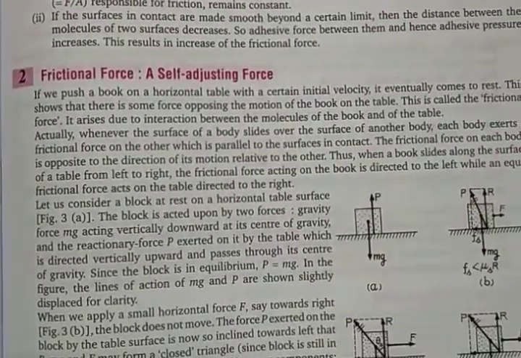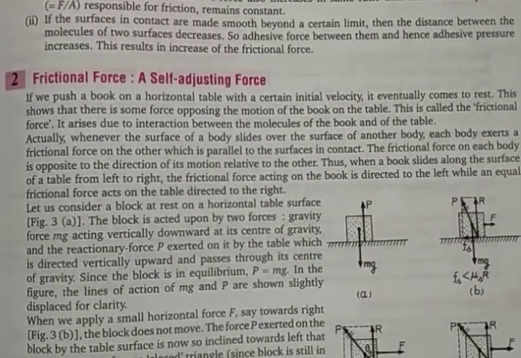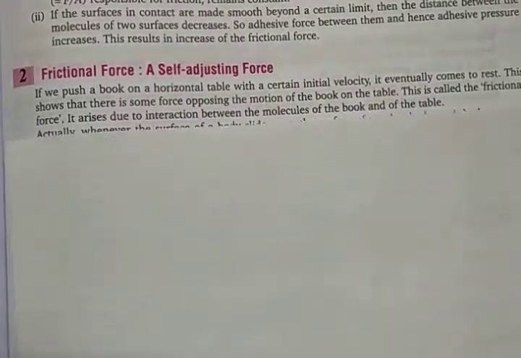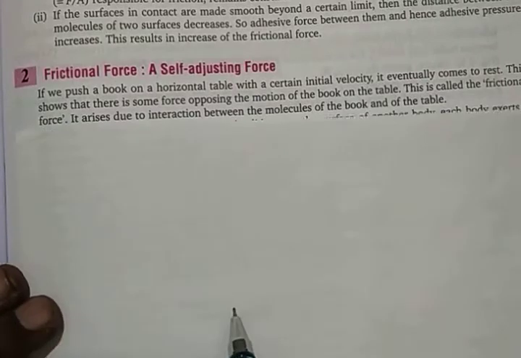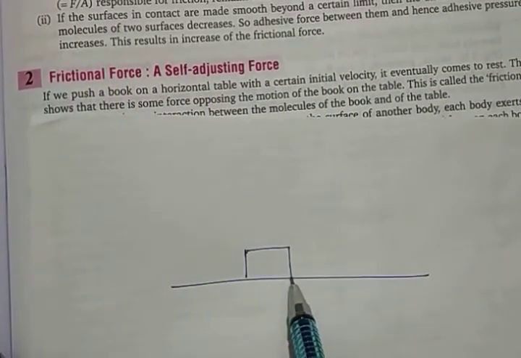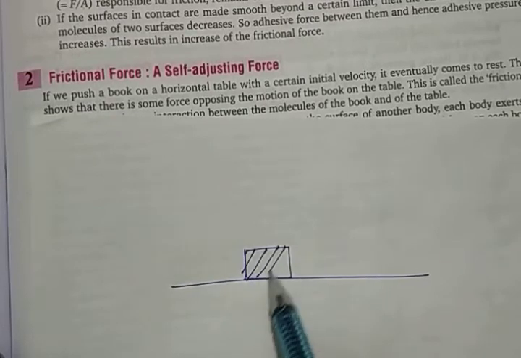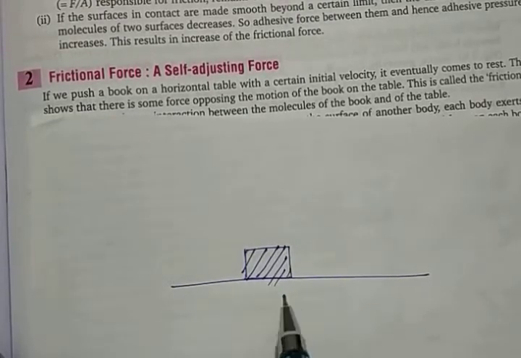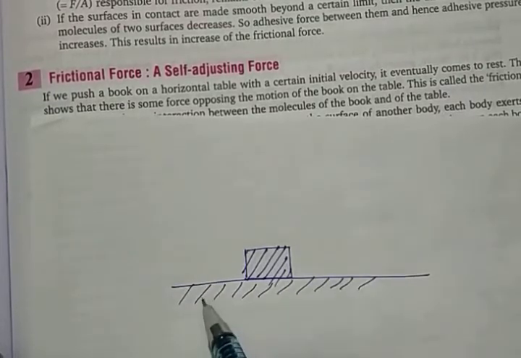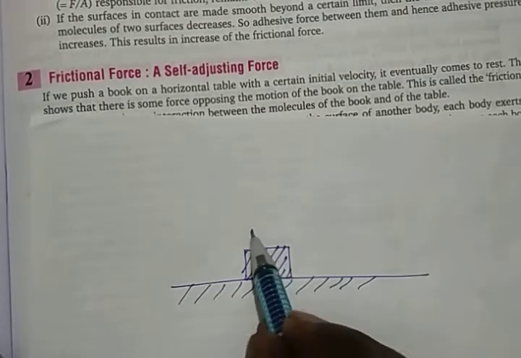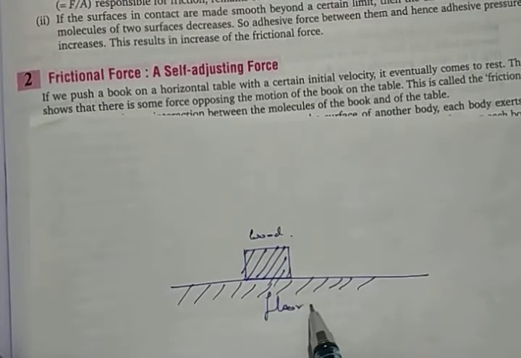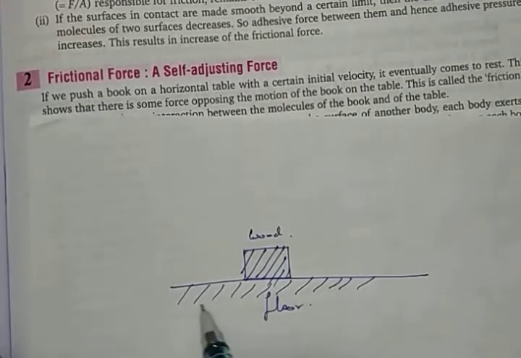Friction force is a self-adjusting force. Let me quickly explain what a self-adjusting force is. Suppose you have a block, maybe a wooden object, on a floor which is tile or whatever it is.